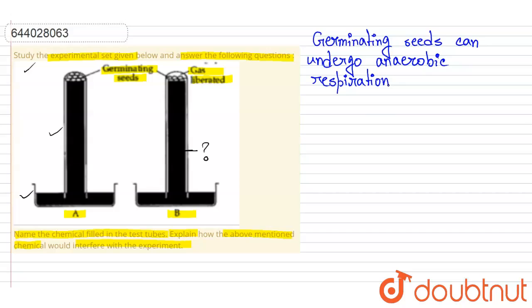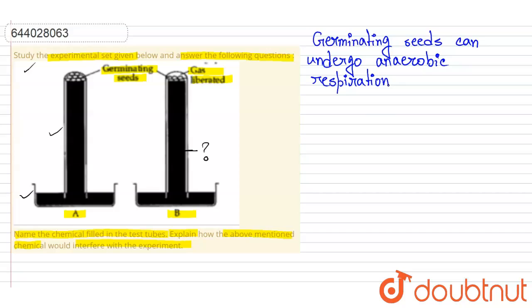And in anaerobic respiration, in the absence of oxygen, the glucose molecules are partially broken down to release alcohol and carbon dioxide molecules. So this experiment is to demonstrate that only.